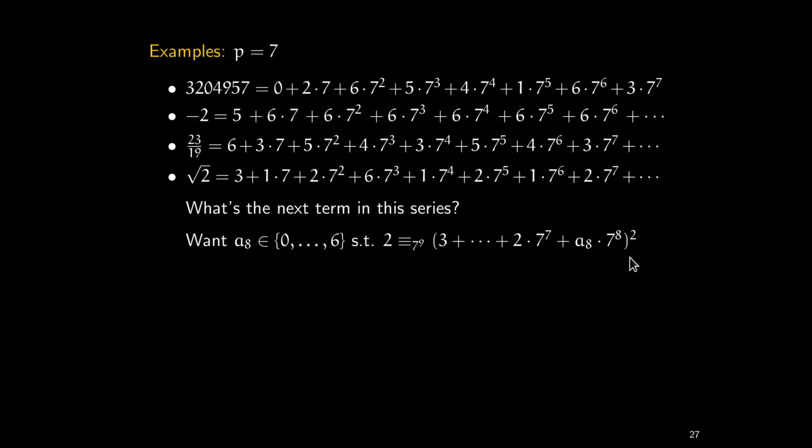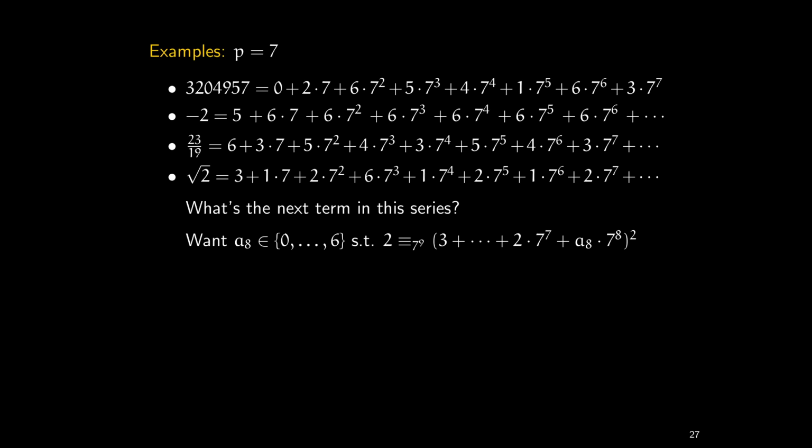And if I expand the square, then I will get the square of A8, and that doesn't look very funny, because it might seem that we have to solve a nonlinear equation for the A8, where before we just had to do a linear equation.